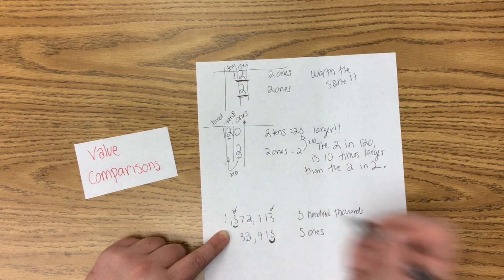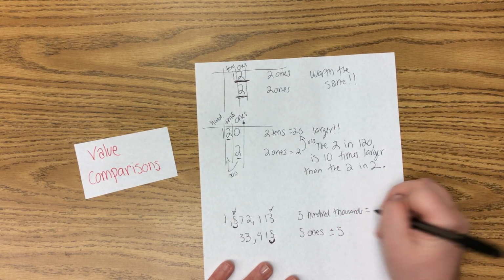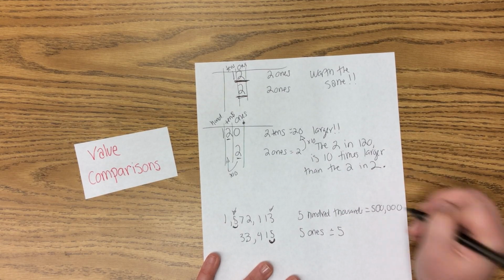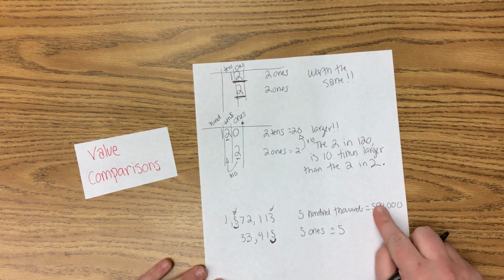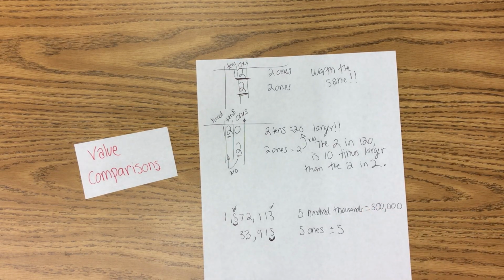I'm just naming what place they came in. So this is the ones place, this is the hundreds, thousands. Again, you can write that as just worth 5, and we can say that this 5 is worth 500,000. It is no longer worth 5, it is worth 500,000. So obviously this 5 is a lot bigger. It's worth a lot more. How much more?